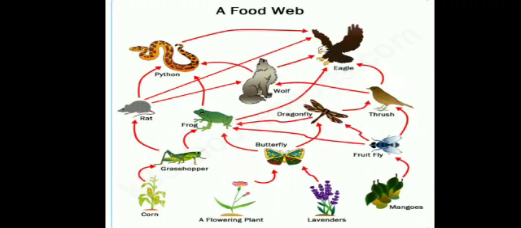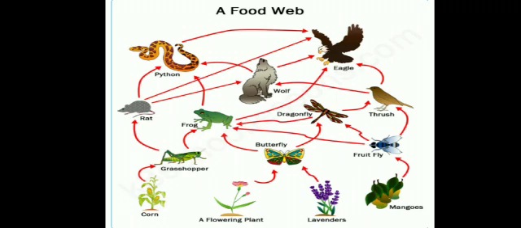Next is food web. Food web is a complex form. In a food chain there is a sequence of relationships, but in a food web many food chains are connected together. It forms a food web. In this picture you can see corn is eaten by grasshopper.